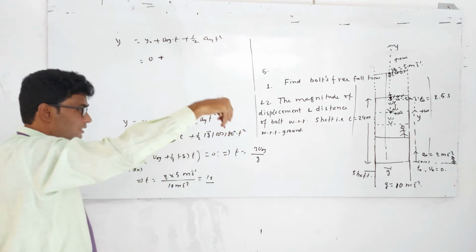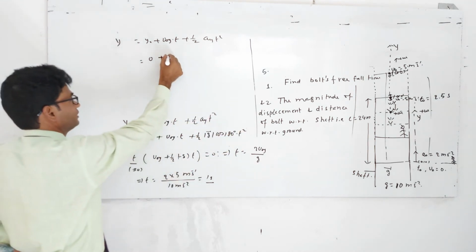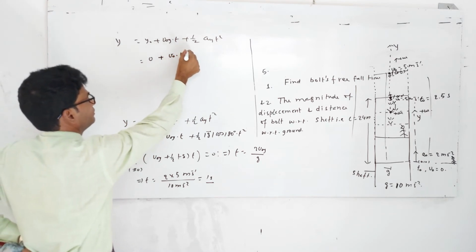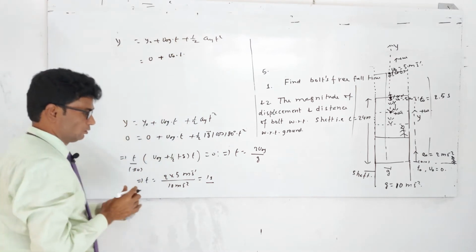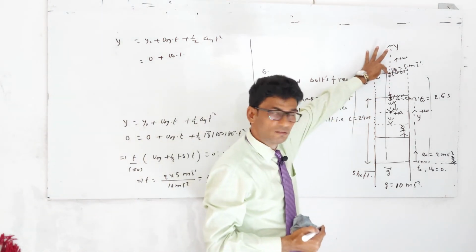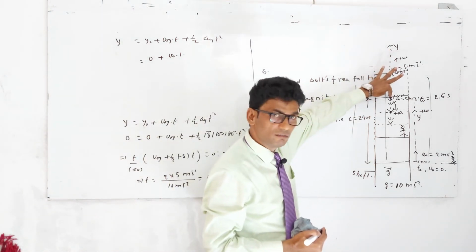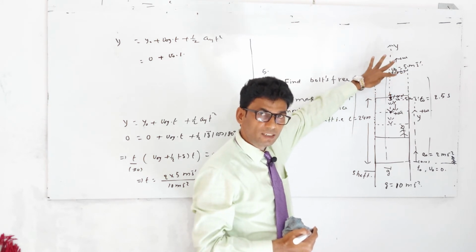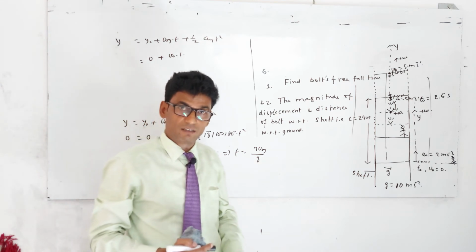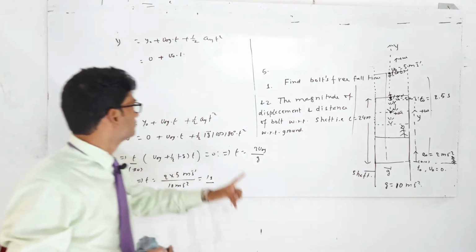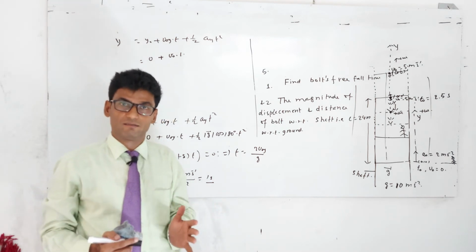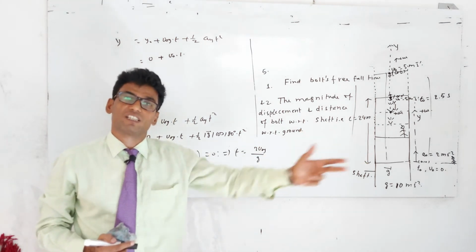So cos 0 degree we all know is 1, so this is v naught into 1 into t. Look at here, from here to there and came back to the origin, total time taken 1 second, but the time of strike we have calculated earlier is 2 seconds. So now the remaining time is 1 second. 2 minus 1 is equal to 1 second.